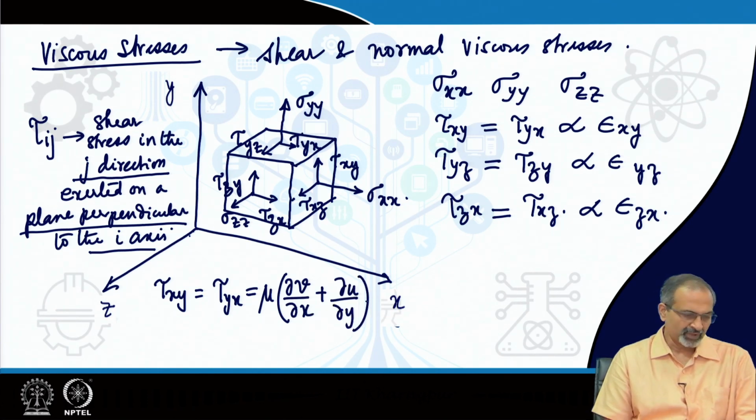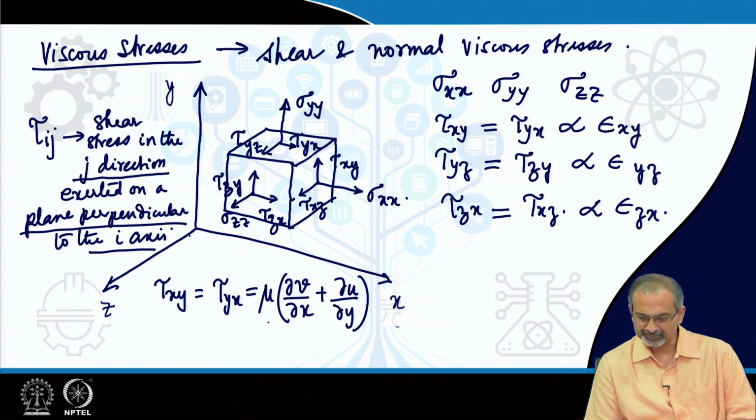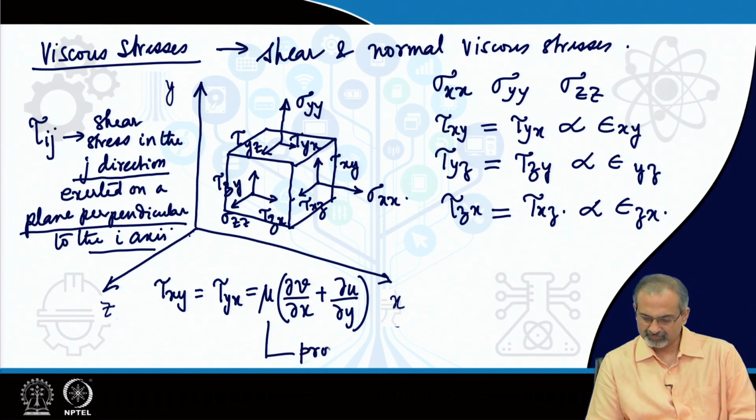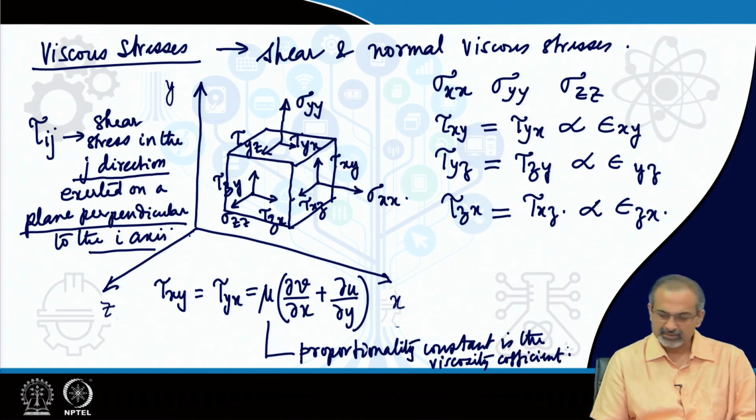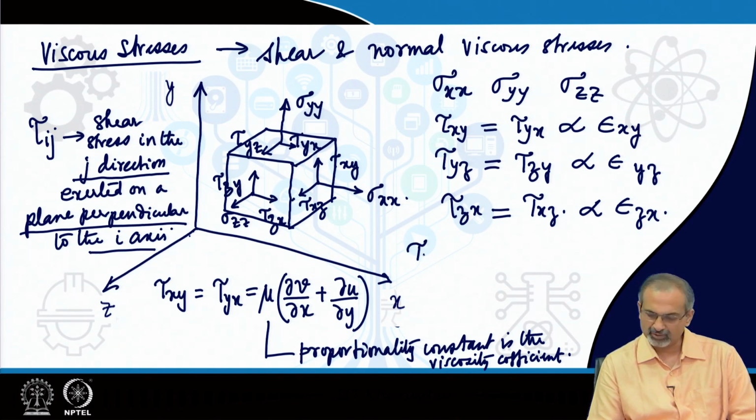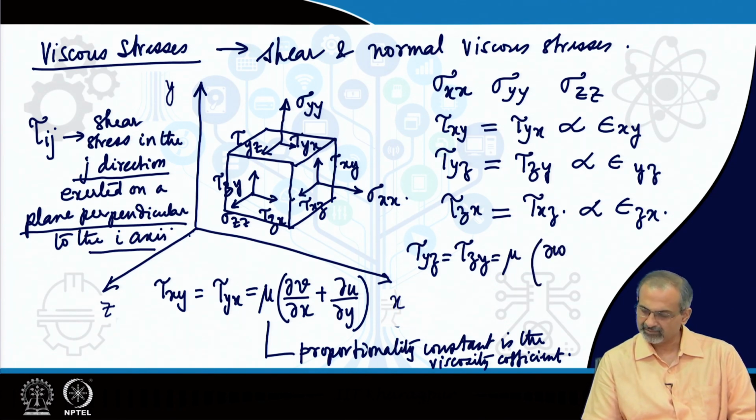So, the proportionality constant is mu. It is the viscosity coefficient. In a similar manner, you can write down tau yz and tau zy, which are equal to each other, using these equations.